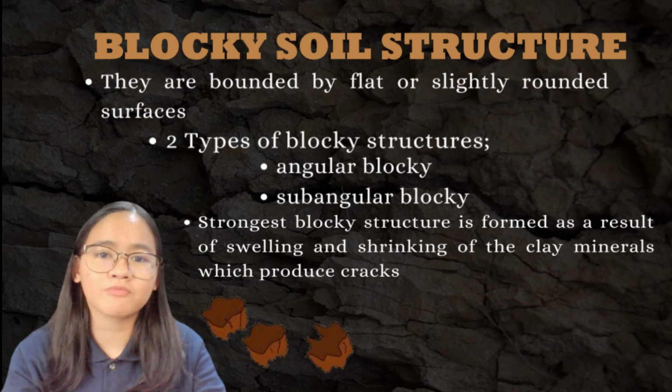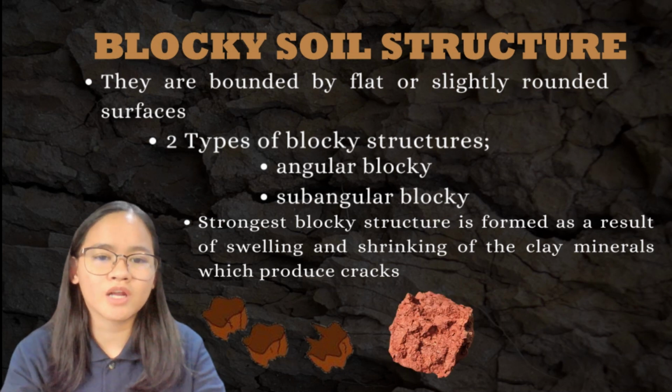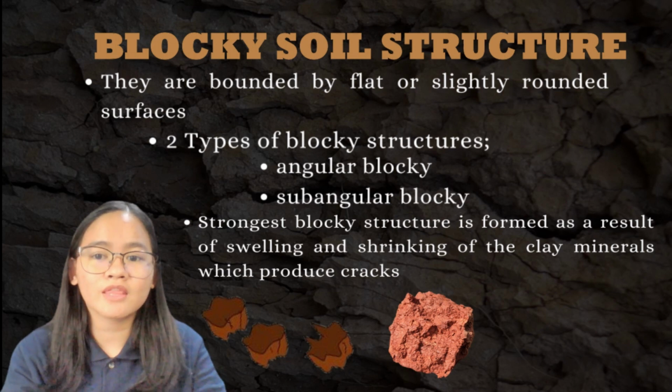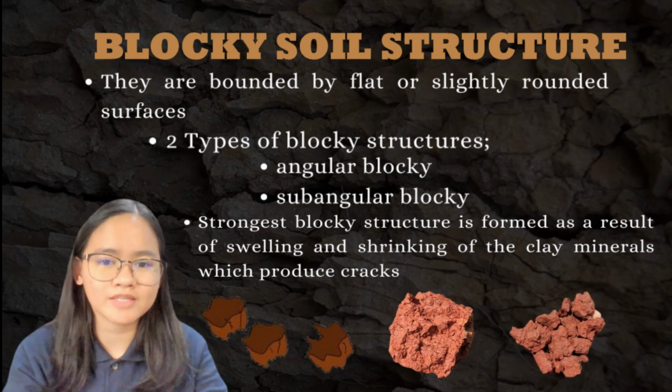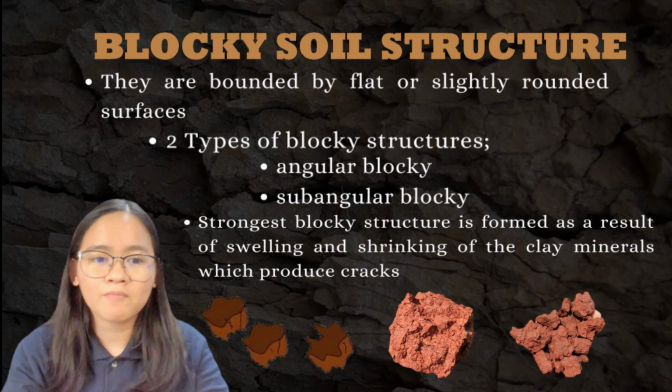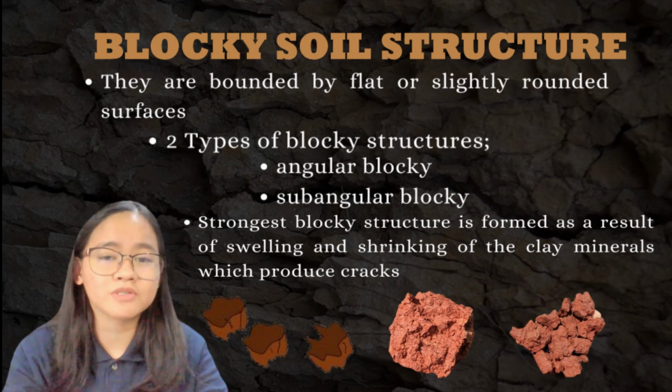There are two types of blocky structure. The structure is described as angular blocky if the faces intersect at relatively sharp angles, and subangular blocky if the faces are a mixture of rounded and plane faces and the corners are mostly rounded.